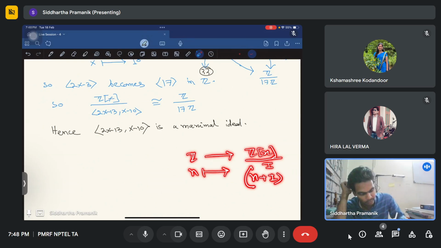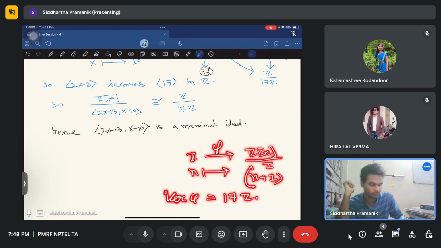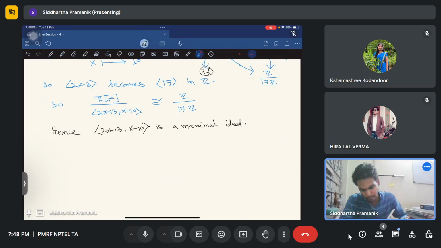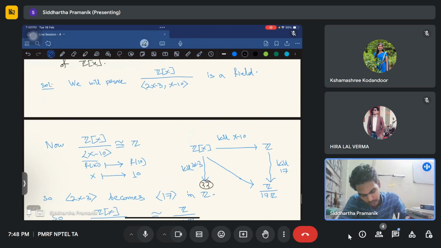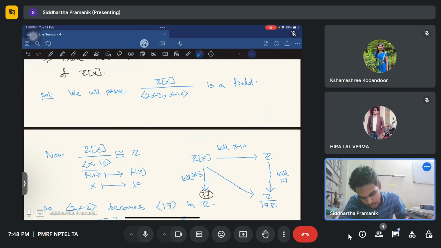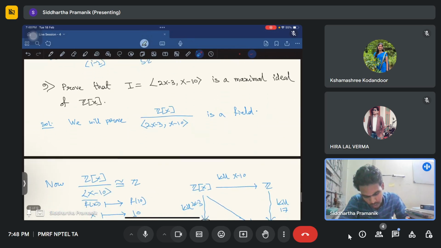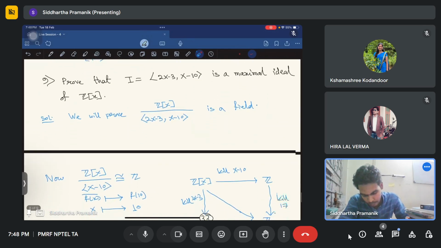Let's say it is phi. Then you prove that the kernel of phi is 17Z. That is also easier, but this method will give you the flavor of this problem.